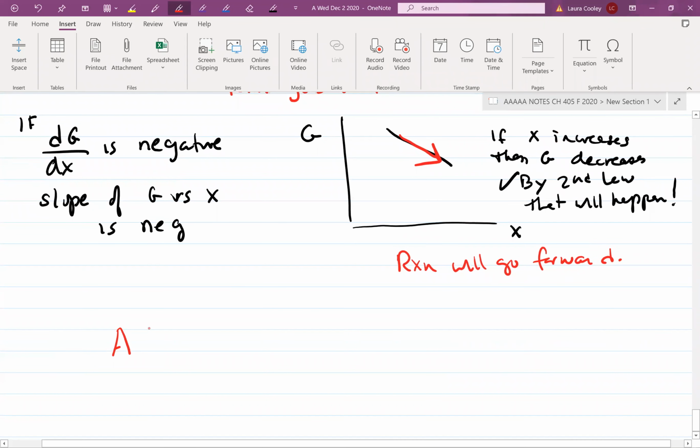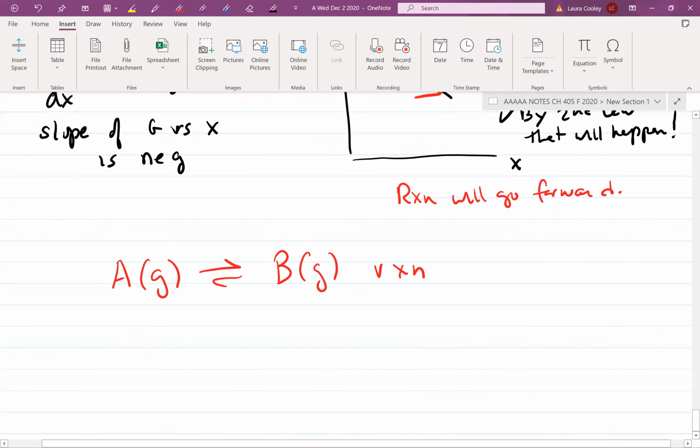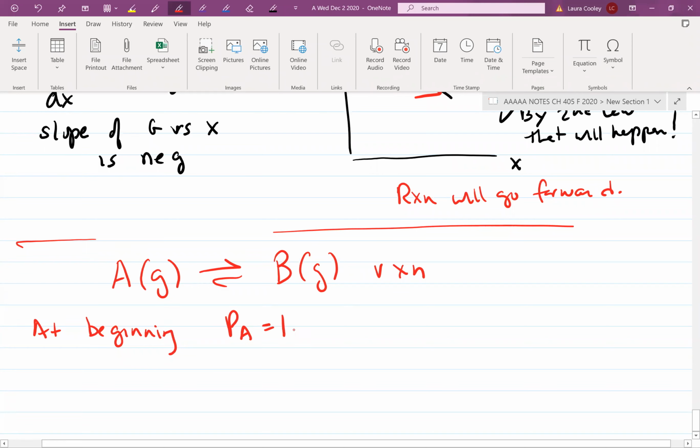So for our A to B reaction, just at the beginning, we said the partial pressure of A is 1 and the partial pressure of B is 0. So we have formulas. We know that mu A is mu A 0 plus RT log of PA.